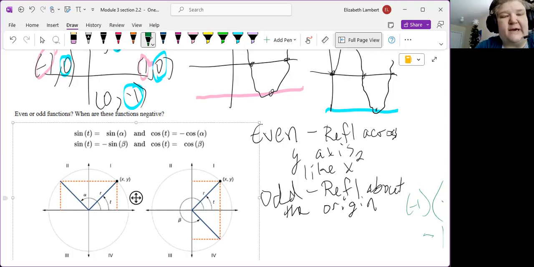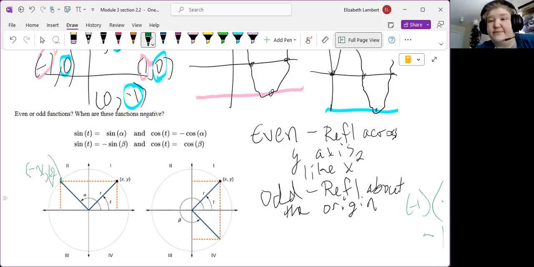So when I look here, I've gone positive x, positive y to get to this randomly picked point on the unit circle. To get to this one over here, it would be negative x and positive y. So over here, my sine of this extra alpha here is the same as my sine of t.